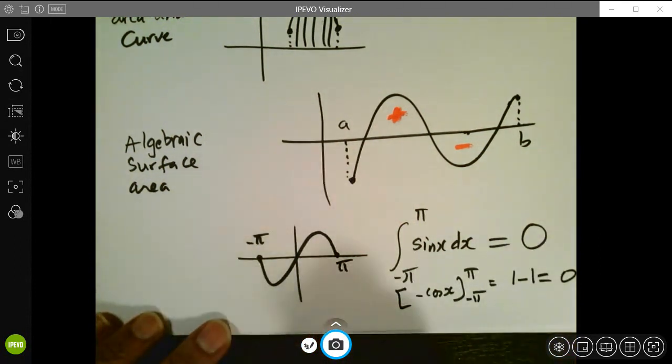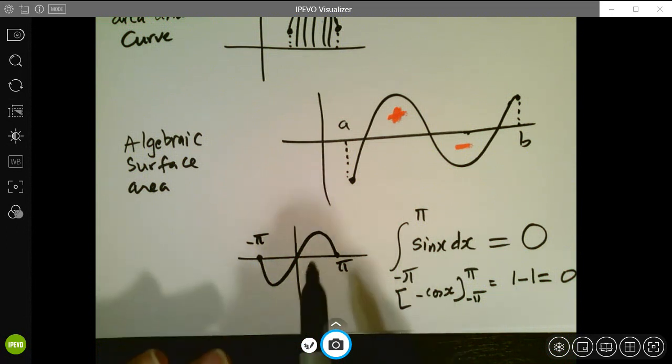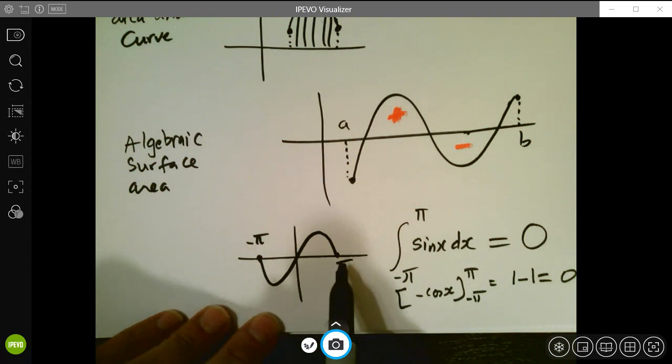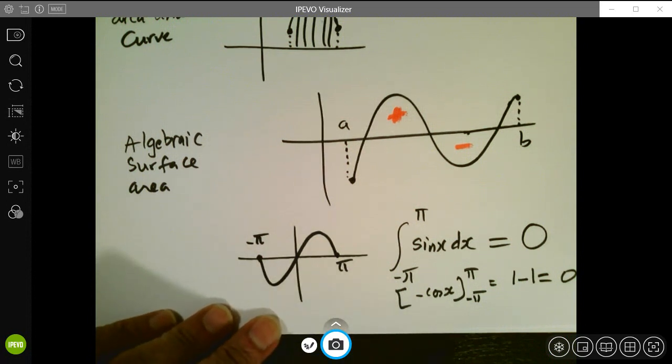Okay, this is actually, if we take this one, it will be minus cosine from 0 to pi, which is minus cosine of pi minus cosine of 0.